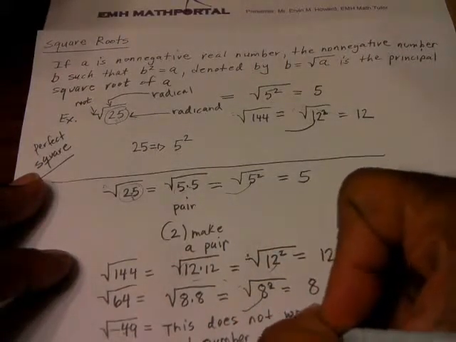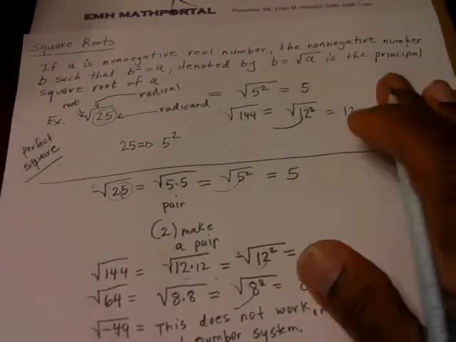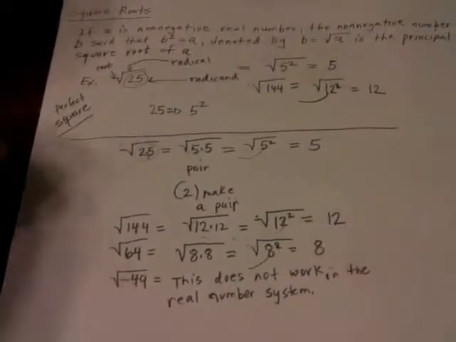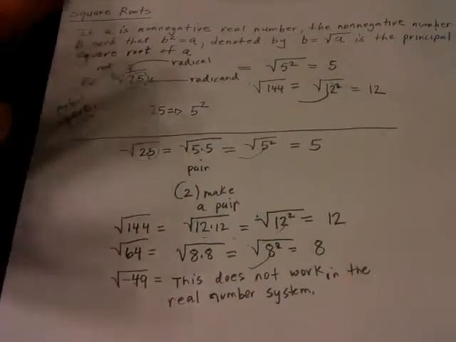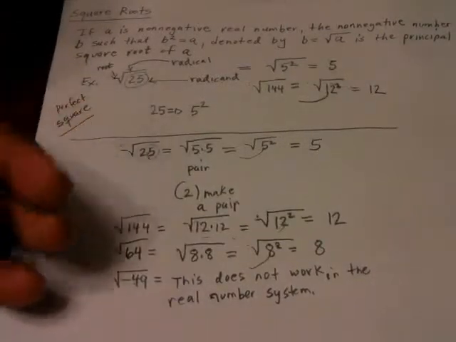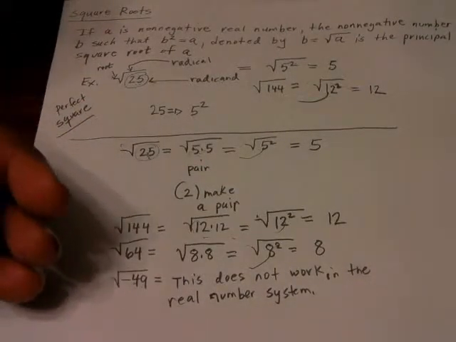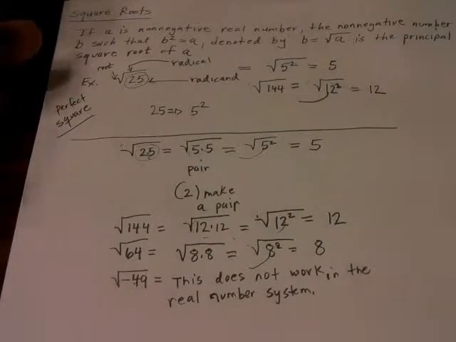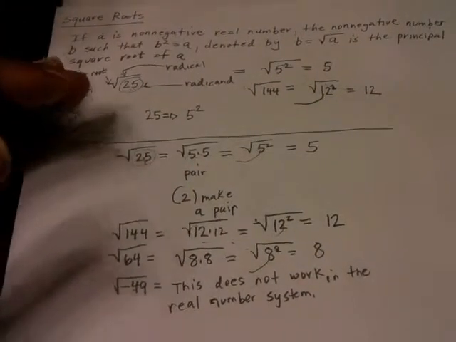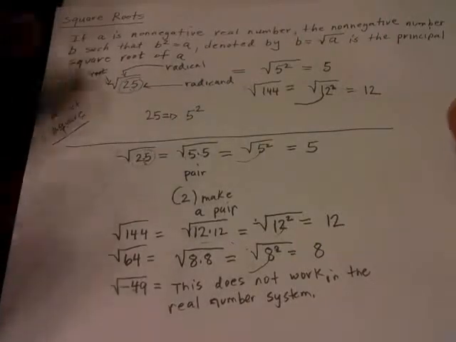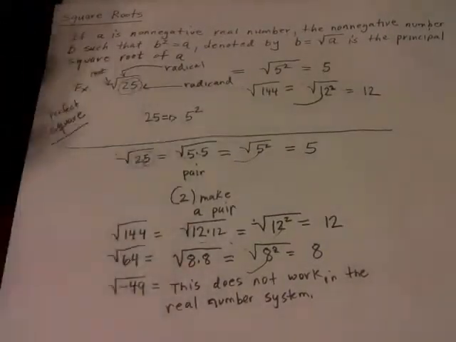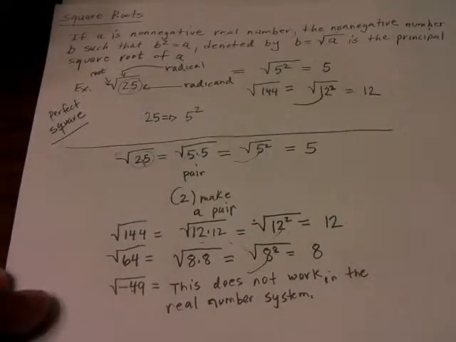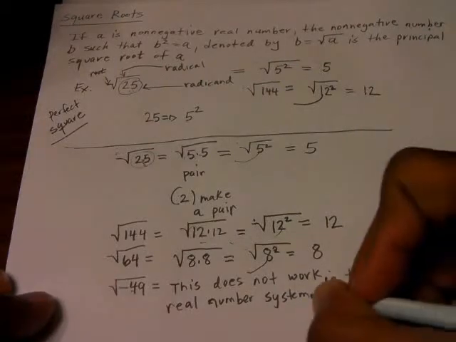But it will work with complex numbers. When you have negative numbers in the radicand, a negative radicand, it will work with complex numbers, and negatives are recognized by the complex number i, and we're not going to talk about that, but we'll just strictly talk about real number systems, okay?